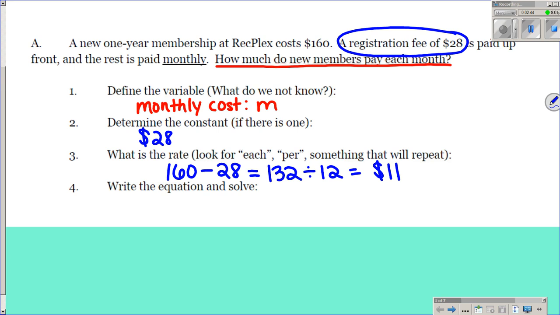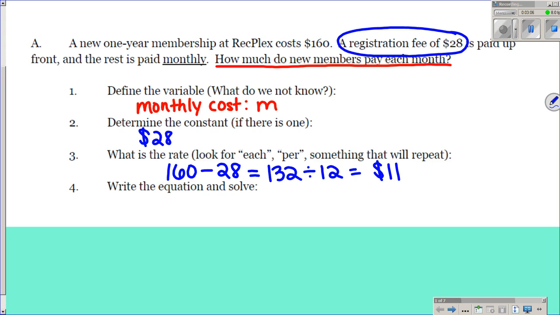Now, number 4 asks us to write the equation and solve. What I would like for us to do now is write an equation to represent the cost if we continued this membership past those 12 months. We know the monthly fee is $11, and we know the person has to pay a one-time fee of $28.